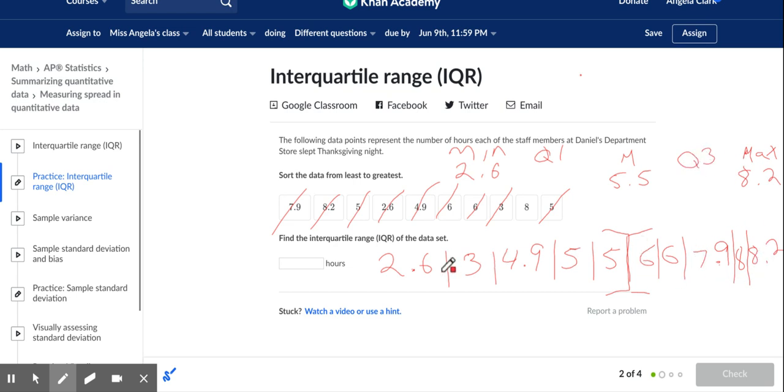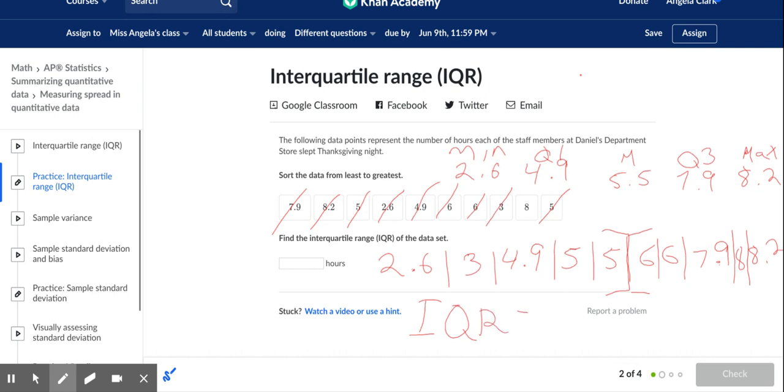So the median of 5 is always the third one. So it's going to be 4.9 is our median here. And the median for these 5 is this 7.9. So that's lower quartile, median, upper quartile, and then the interquartile range, we subtract Q1 from Q3.